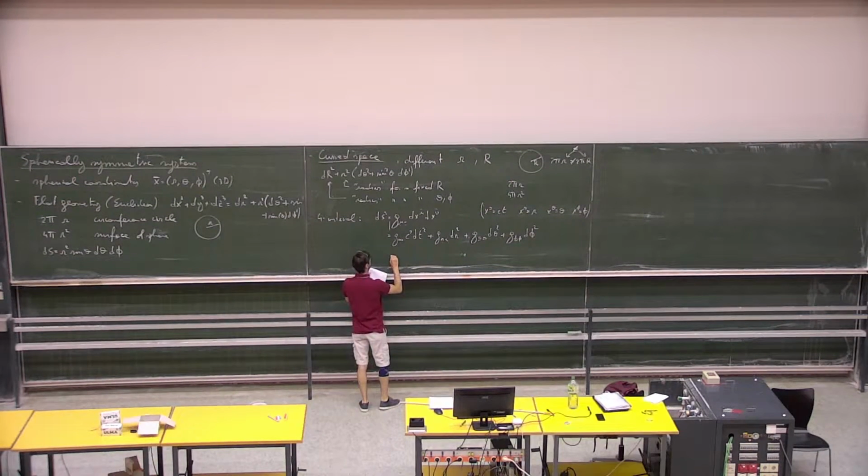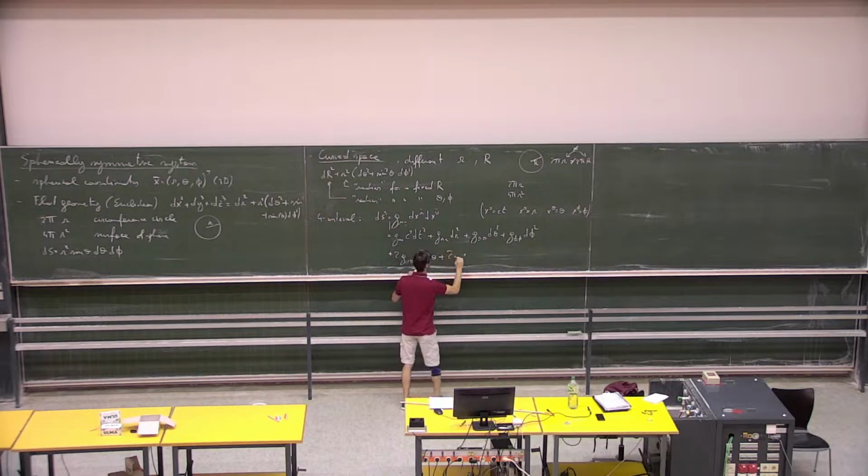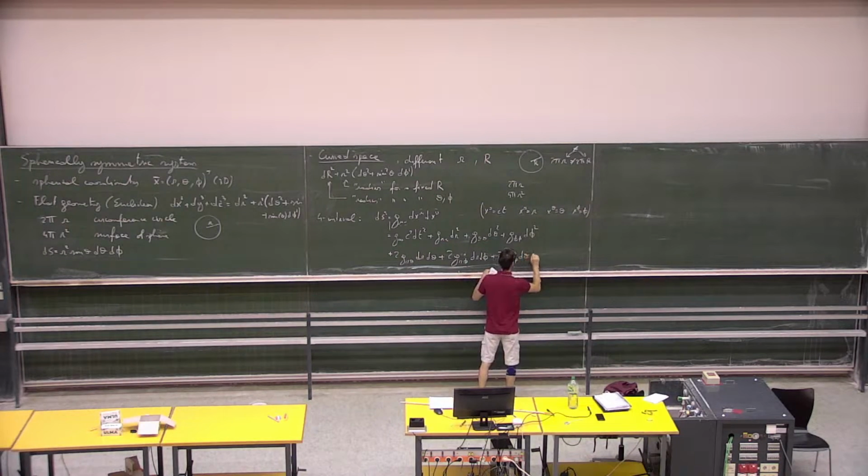And we have plus, so we can just continue with our symmetry, 2g r theta dr d theta, plus 2g r phi dr d phi. And then we have plus 2g theta phi d theta d phi.